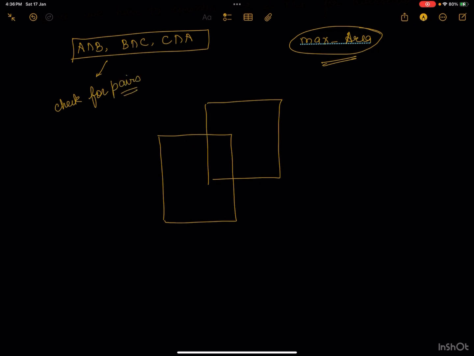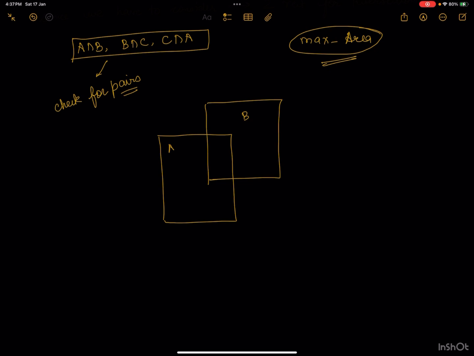So let's say we have these two rectangles with us, A, B. We will consider two cases: the two rectangles are intersecting, and cases where two rectangles are not intersecting and won't have a common area. Okay, so let's say we have these two rectangles, and as we can see, they are intersecting here.